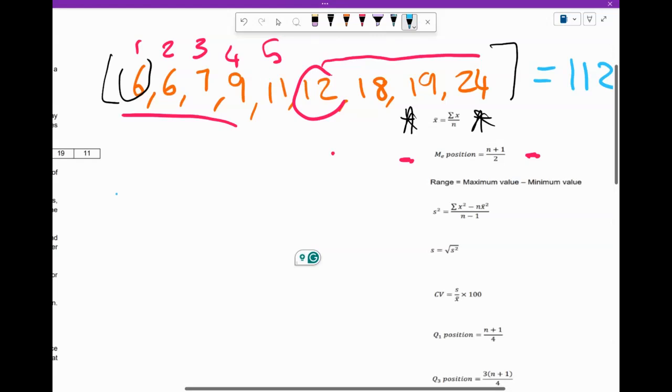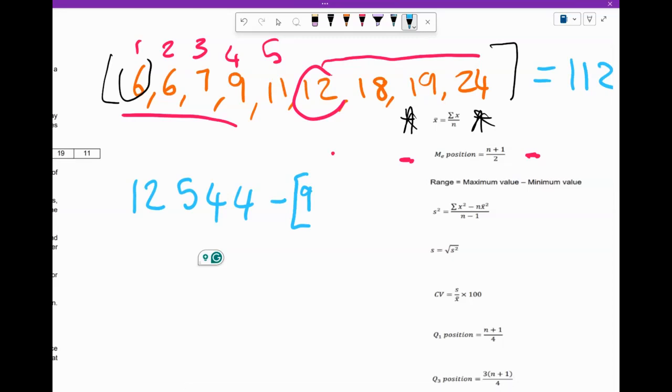How much? 800 and... no, square what? It's 12,000. 12,044. Okay, right. And then we're saying minus the mean of the variables that we have squared.